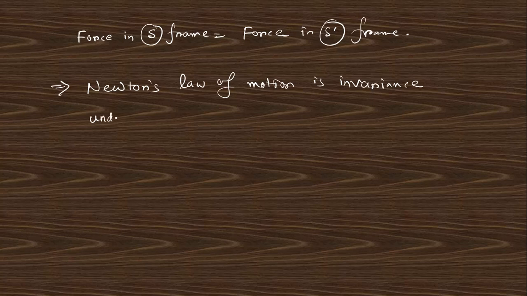So Newton's law of motion is invariant under Galilean transformation, clear? So under Galilean transformation, Newton's law of motion has invariance. Invariance means it obeys the Galilean transformation.